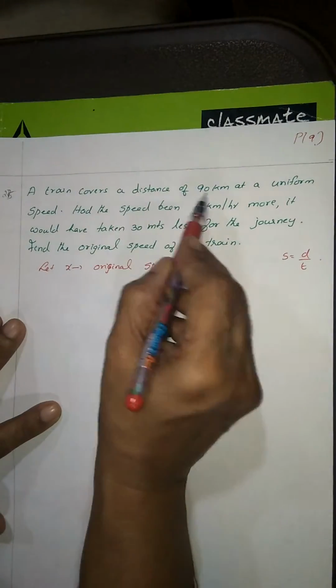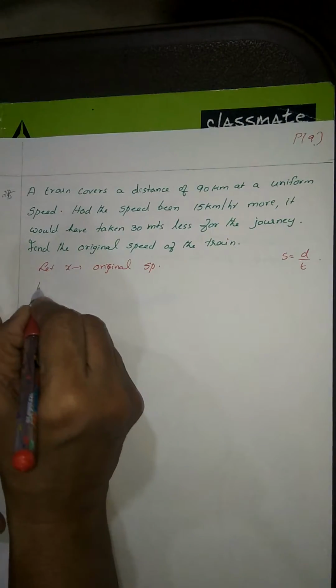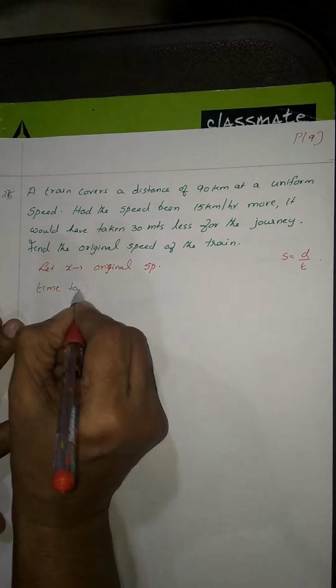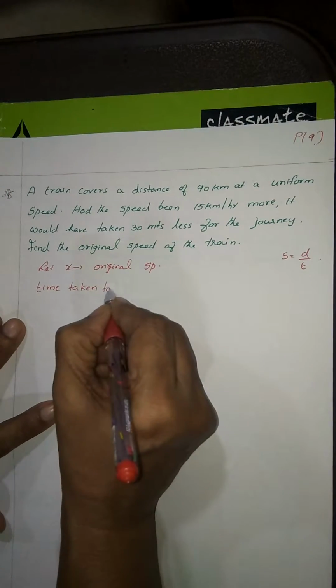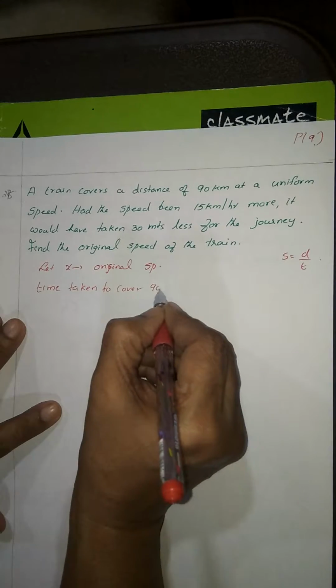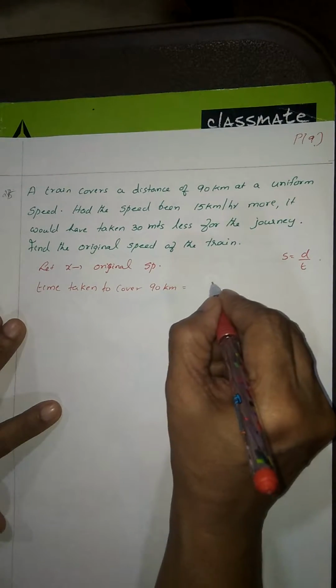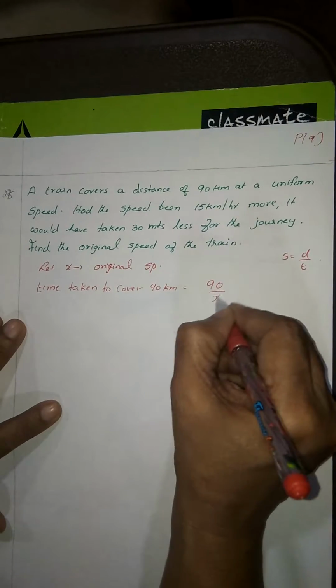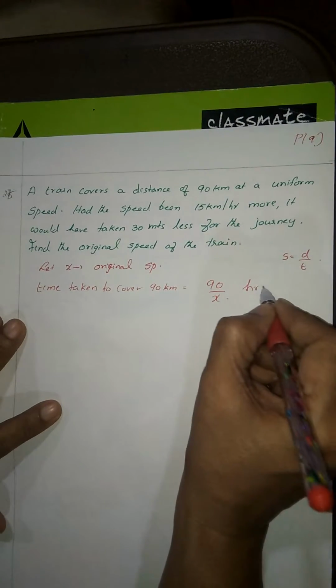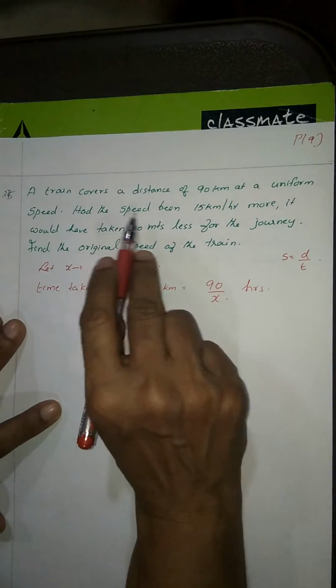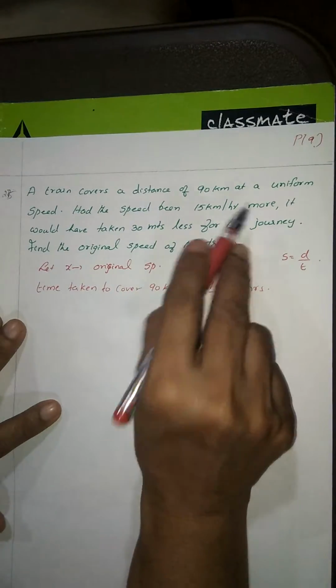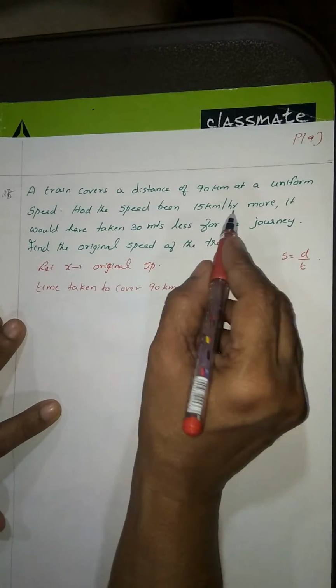The distance is 90 kilometers. So time taken to cover 90 kilometers is equal to 90 by x hours.